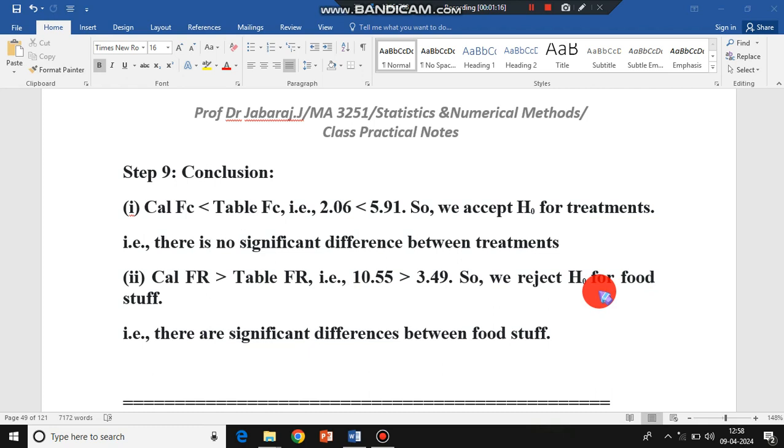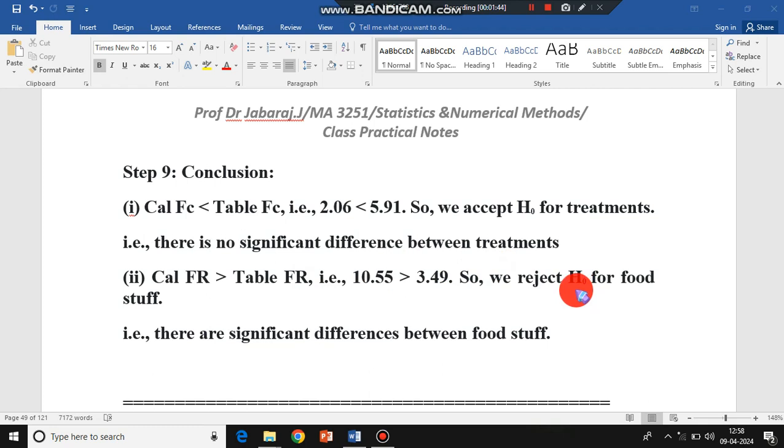That's what two-way ANOVA gives us: if the calculated value of F for row wise is greater than the table value of F row wise, then we have to reject the null hypothesis, for row wise here.